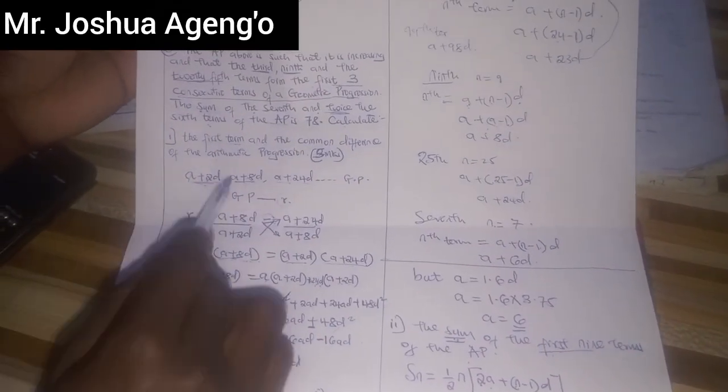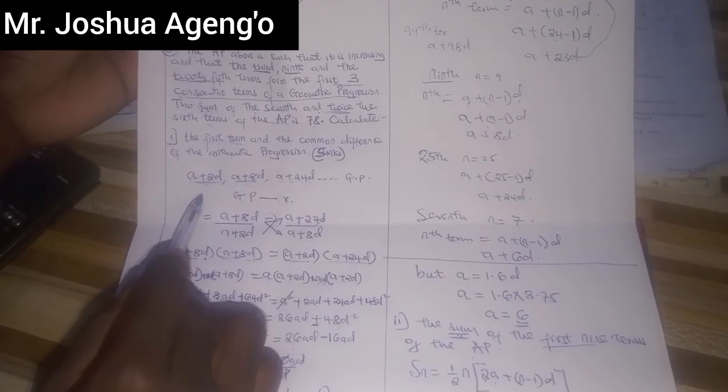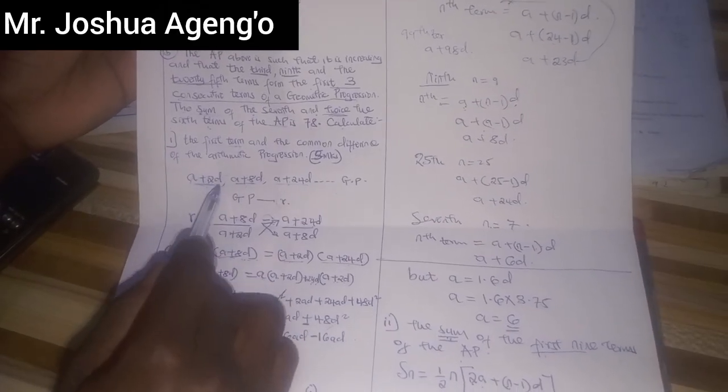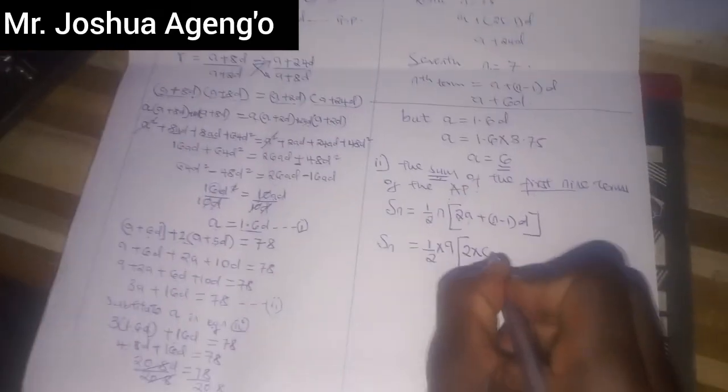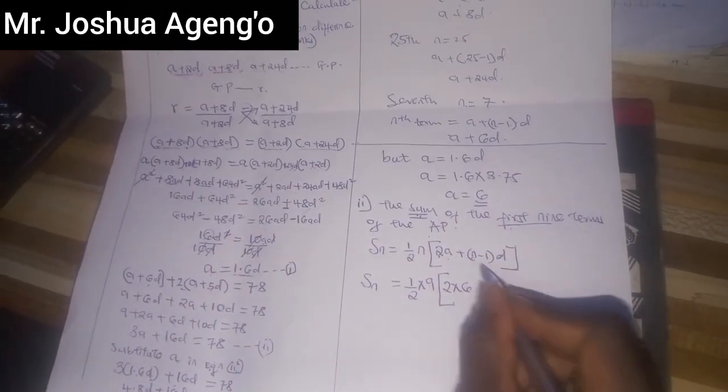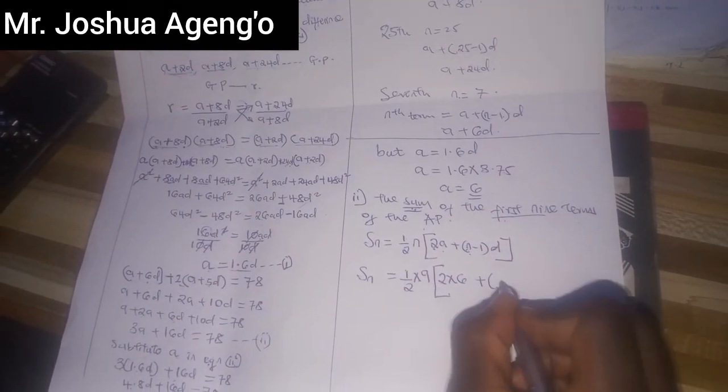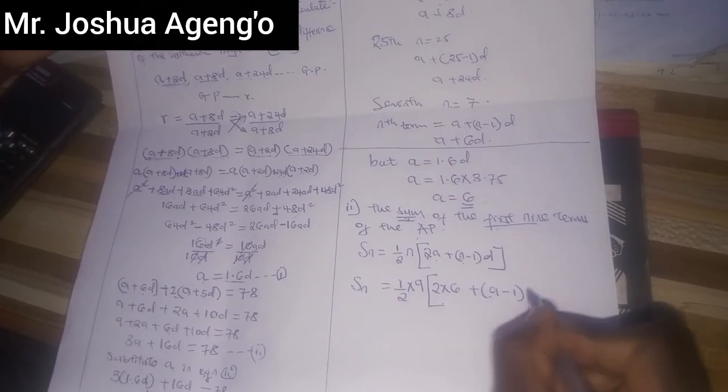If you use the other one, that is the first term of the GP. So the first term of the AP is 6. So times 6 plus n minus 1, that is 9 minus 1 times d. D we've calculated and we've gotten 3.75.